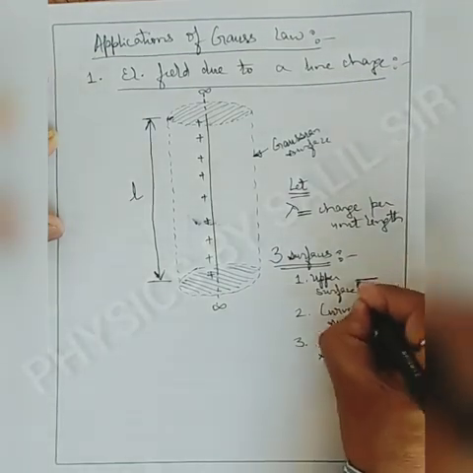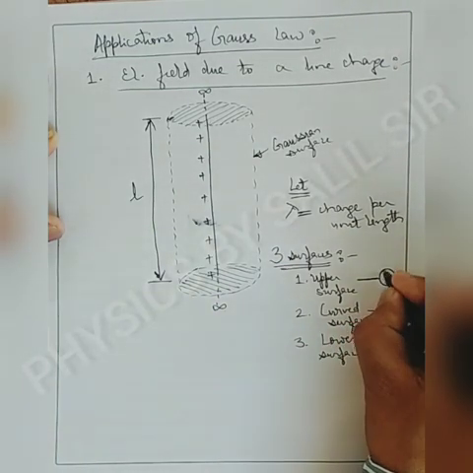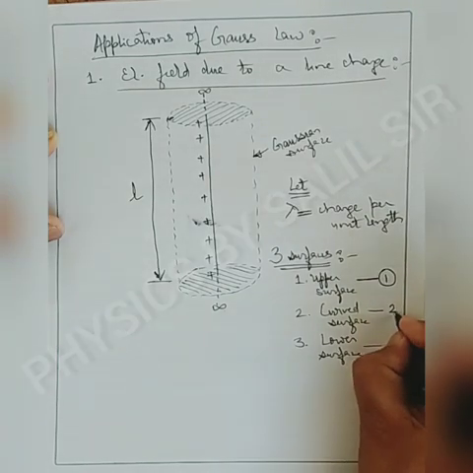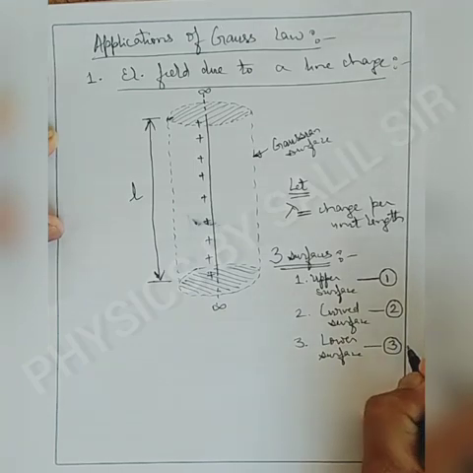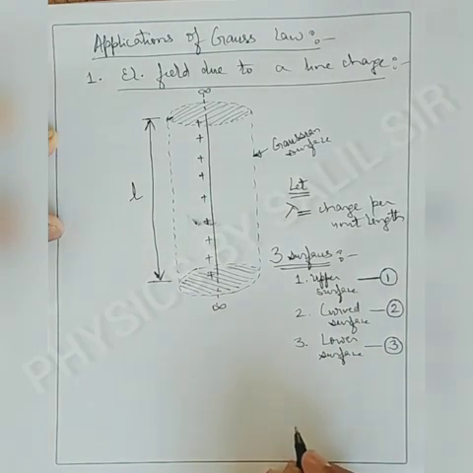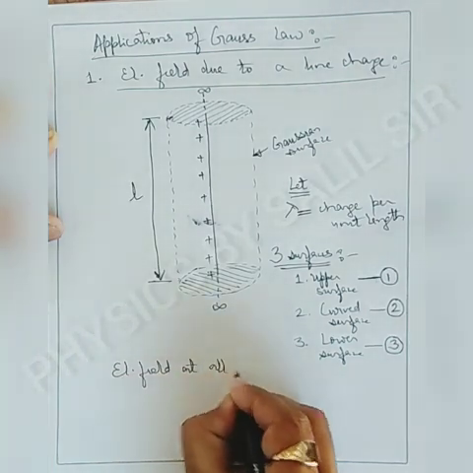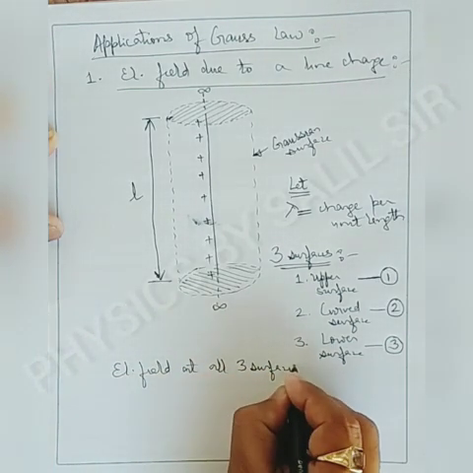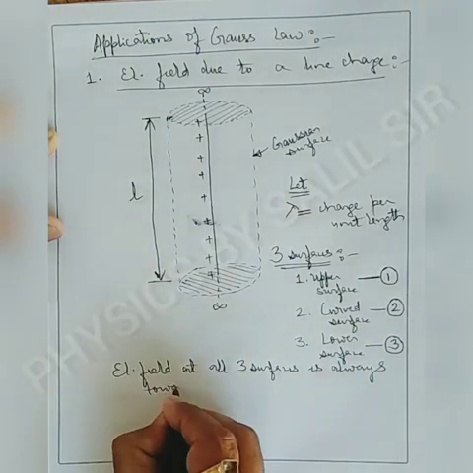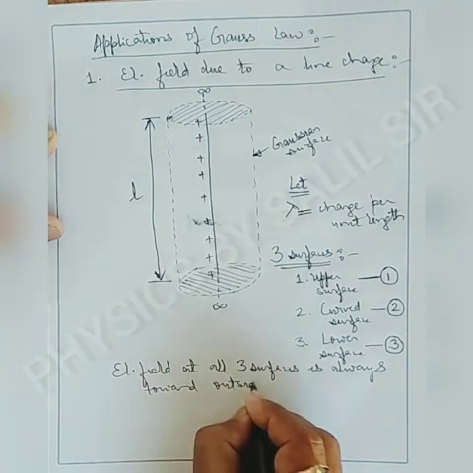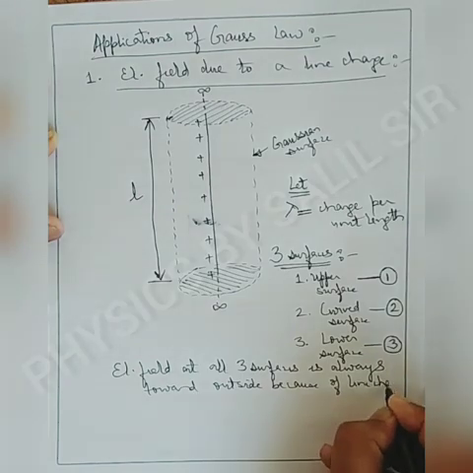For the proof, if we declare the upper surface as surface number 1, the curved surface as surface number 2, and the lower surface as surface number 3, then the electric field at all three surfaces is always directed outward because of the line charge.